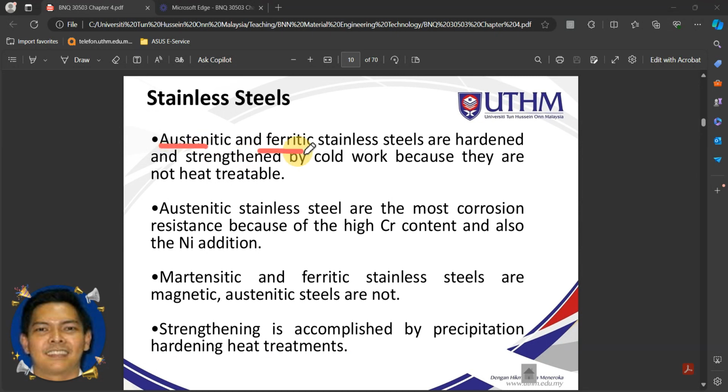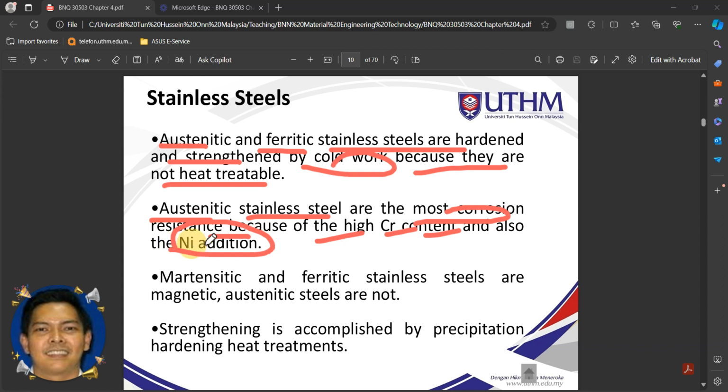Austenitic and ferritic stainless steels are hardened and strengthened by cold work because they are not heat treatable. Austenitic stainless steels are the most corrosion resistant because of the high chromium content and also the nickel addition.